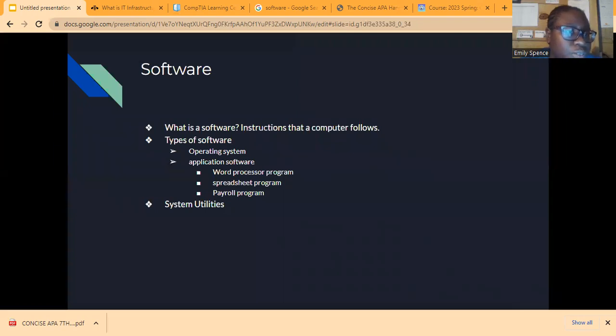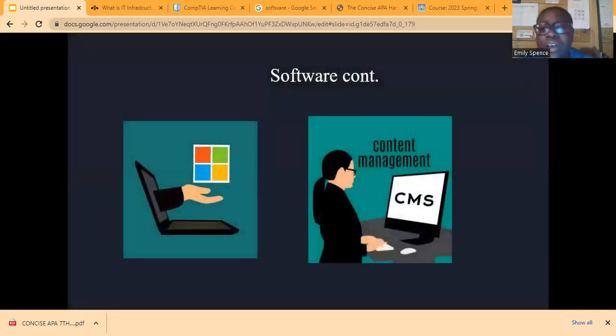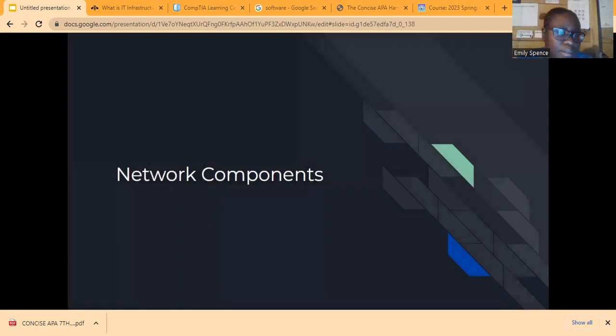So the types of software, we have the operating system, we have the application software, and examples of the application software, that is the word processor, the spreadsheet, and even the payroll program. And here we have an example of the Windows operating system and a content management system.